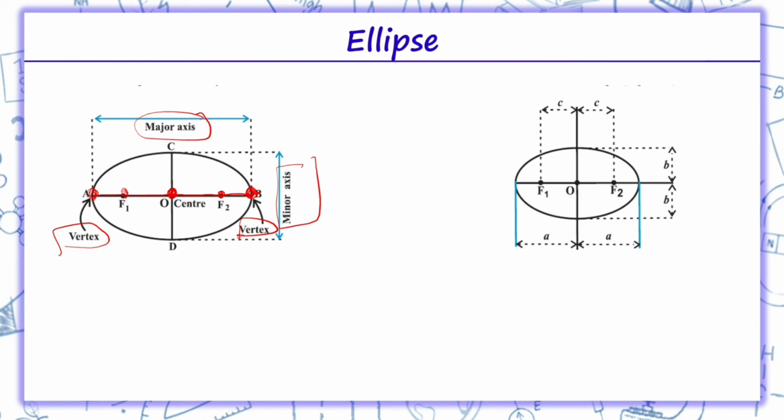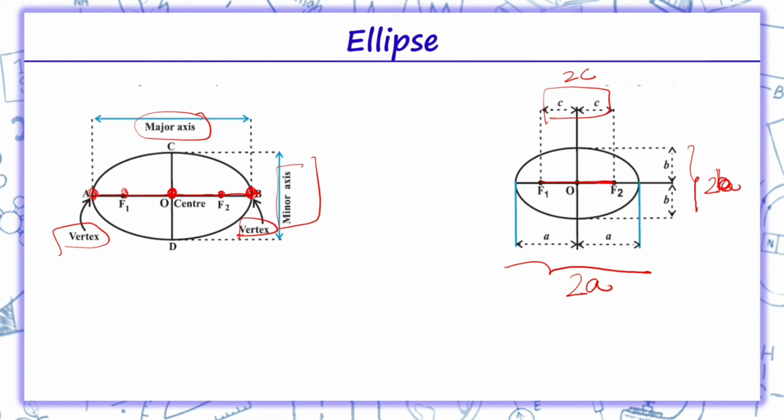Now we denote the lengths. The length of the major axis is denoted by 2a, the length of the minor axis is denoted by 2b, and the distance between the two foci is denoted by 2c.